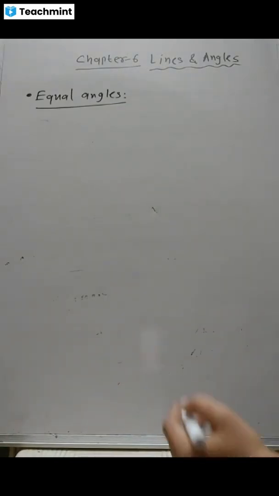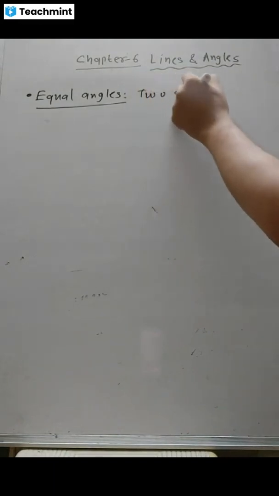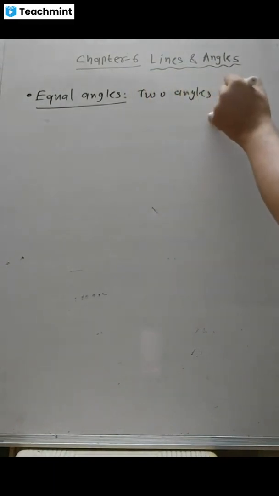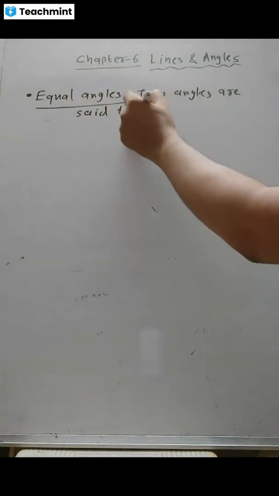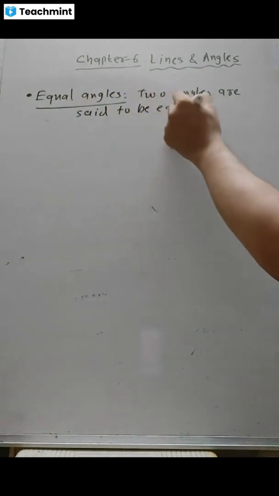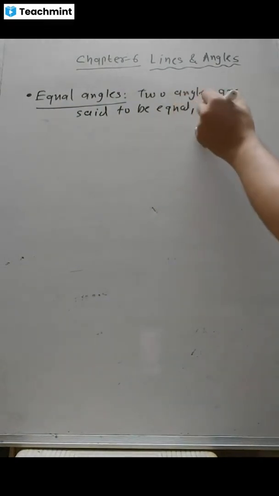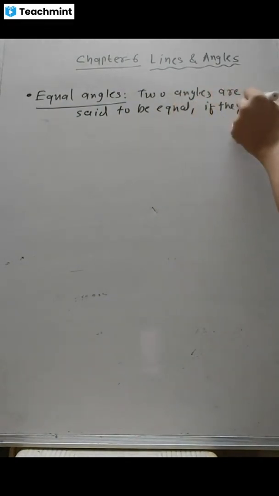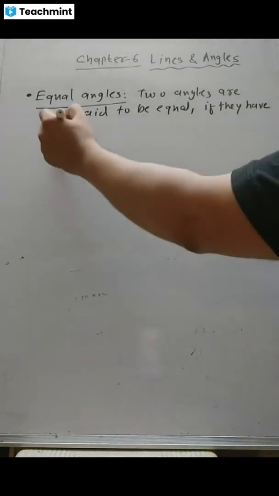Equal angles. Two angles are said to be equal if they have the same measure.